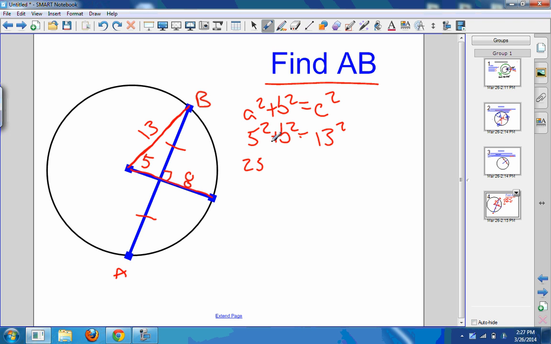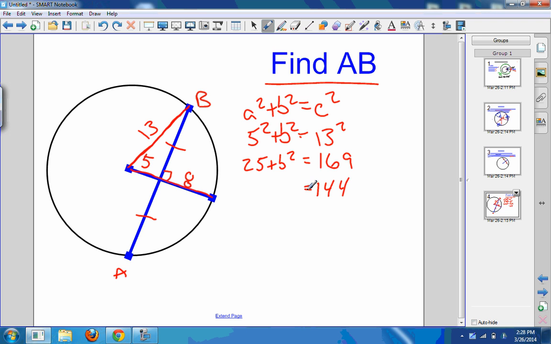So 25 plus b squared is equal to 13 squared, which is 169. Now if I want to get b by itself, we subtract 25 on both sides. On the right side, 169 minus 25. Throw that in the calculator. 144 is equal to b squared.